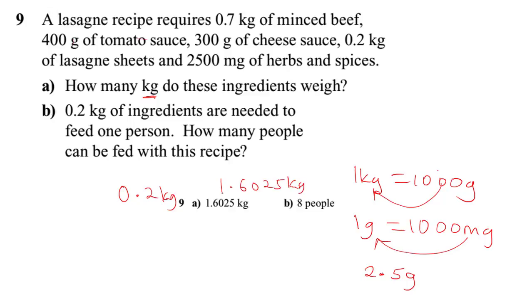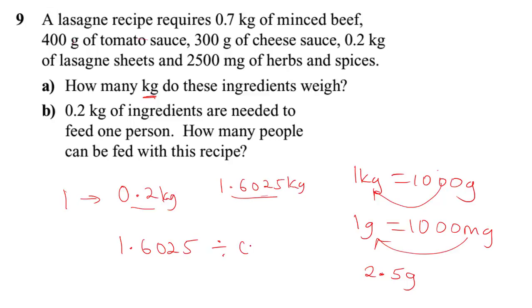So if one person needs 0.2, how many people will need this? Easiest thing to do is to share this between 0.2. So you just divide this by 0.2, and this might be in a calculator paper. So how do you go about this?